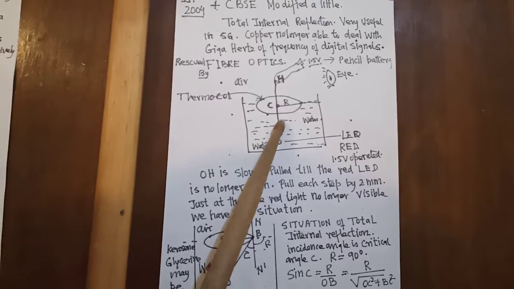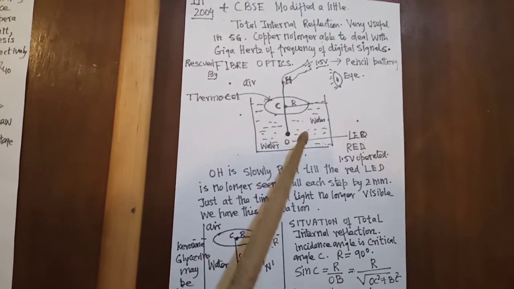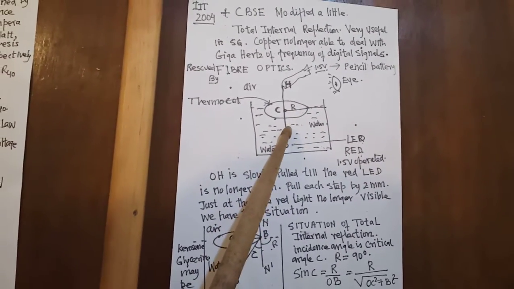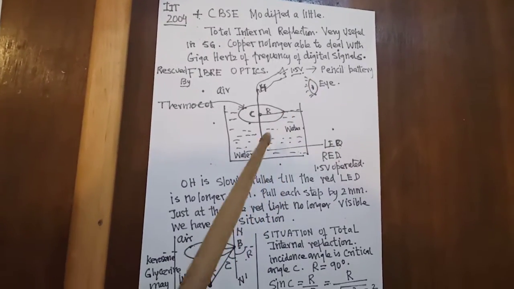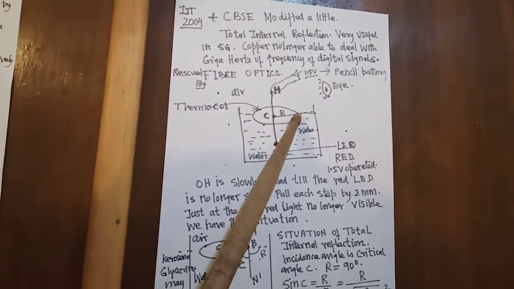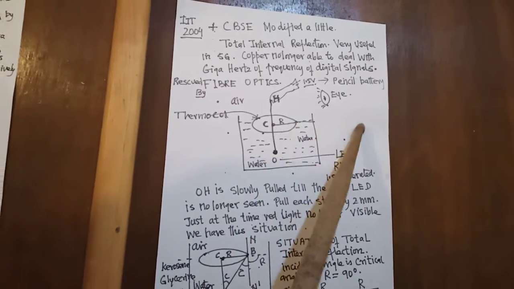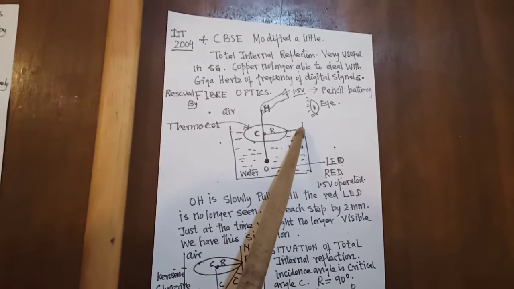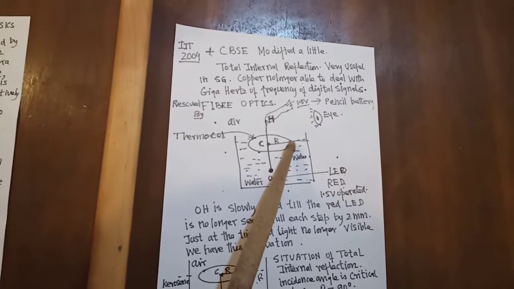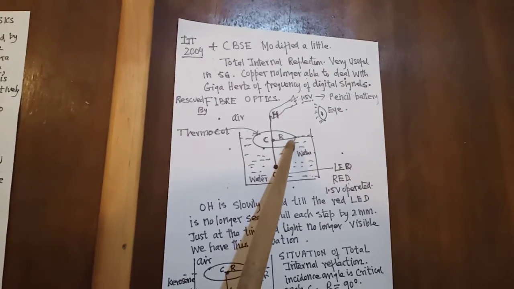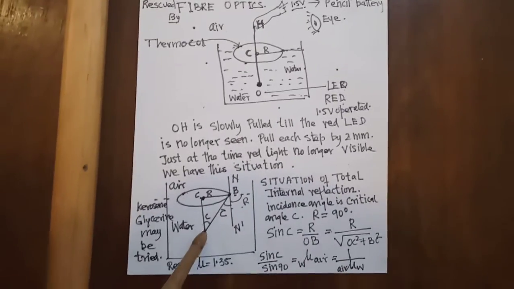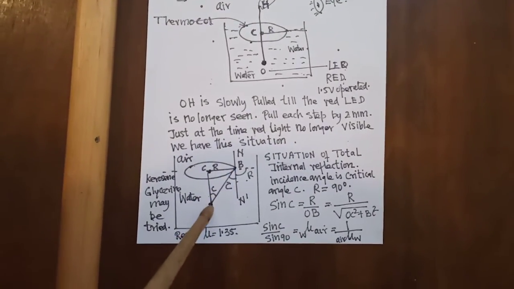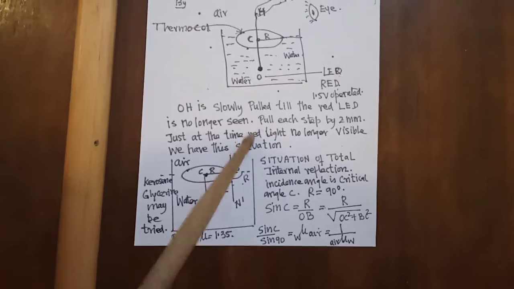When you pull this up and up and up, a time will come that this red LED light will no longer be seen by the eyes because the ray will travel along the surface. At that time, the angle of refraction will be 90 degrees and the angle of incidence will be this. At the time in which you miss seeing this, it just disappears from the eye.